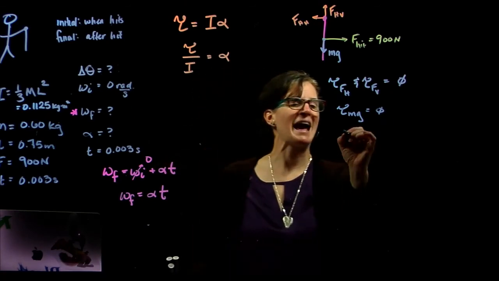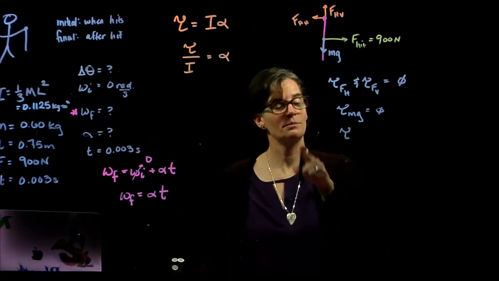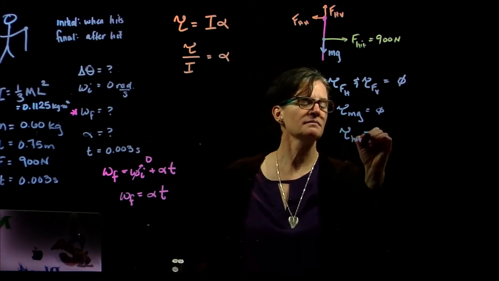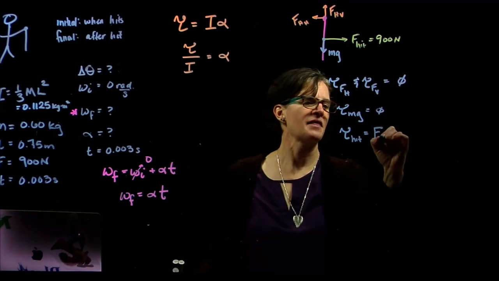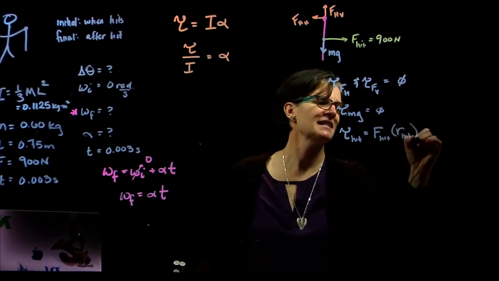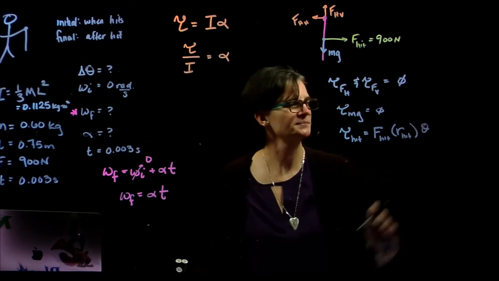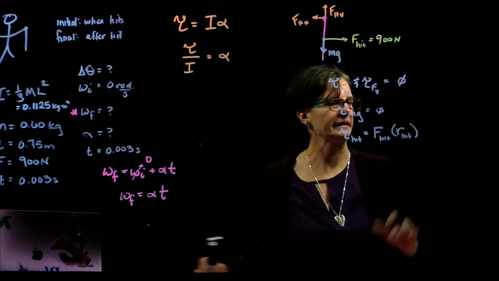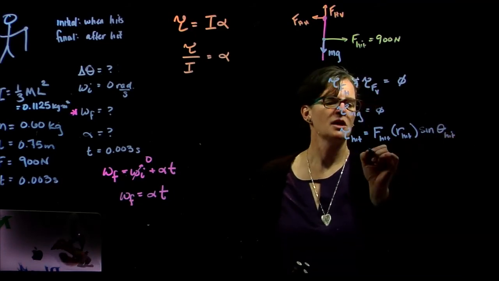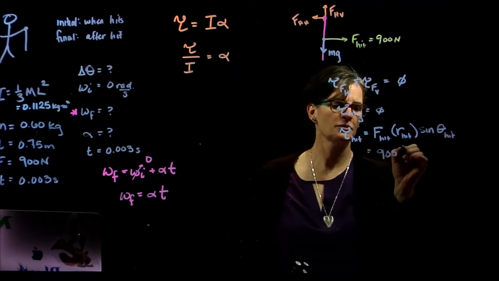So the only torque acting on this baton at the pivot point I have selected is the torque of the hit. And that, of course, is the force of the hit times the radius of the hit times the sine of the angle. I got ahead of myself. So that's 900 newtons we're given.